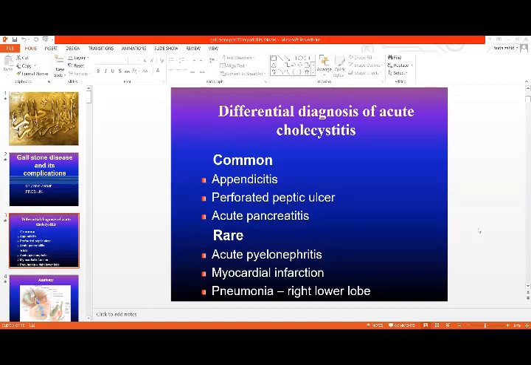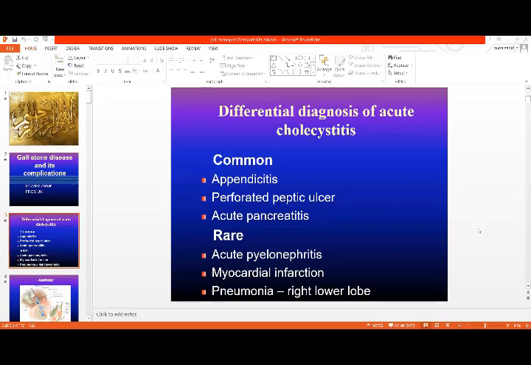So always, if the patient is in their 50s or 60s with epigastric or upper abdominal pain, always get an ECG and cardiac enzymes. Make sure it's not acute MI.